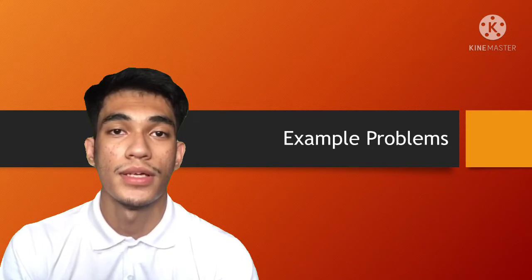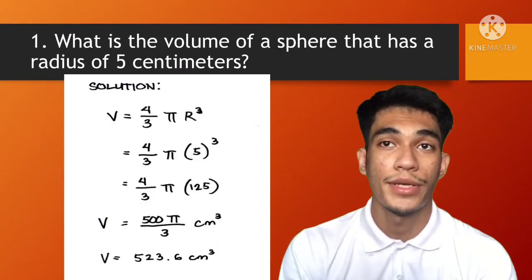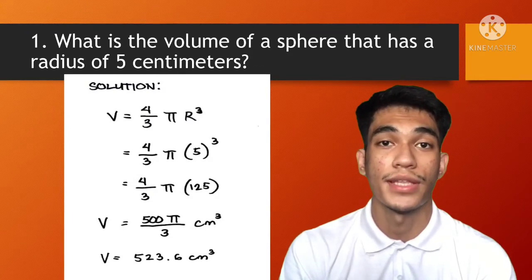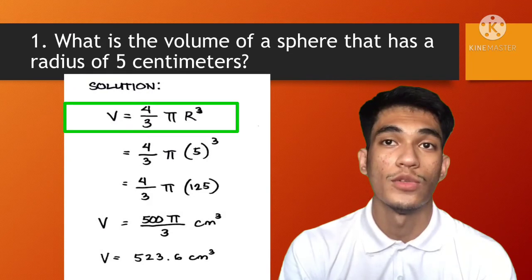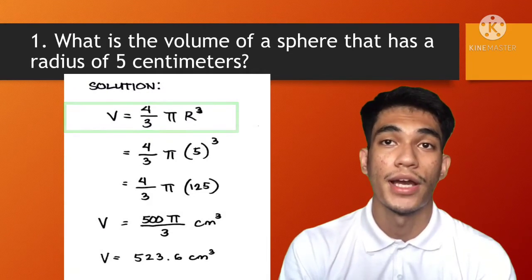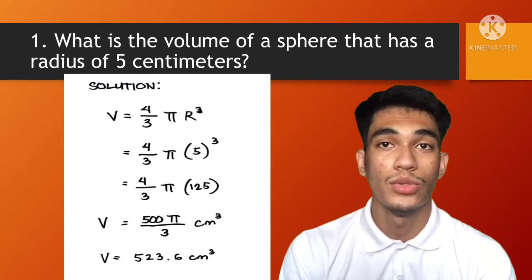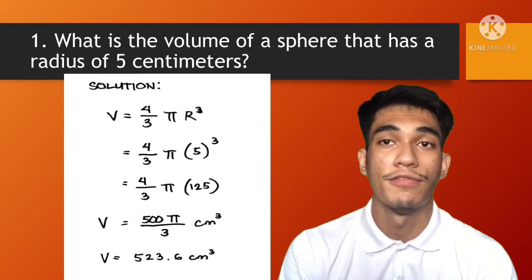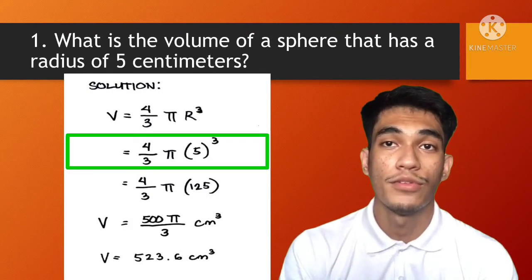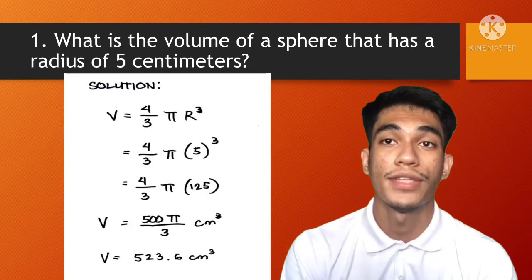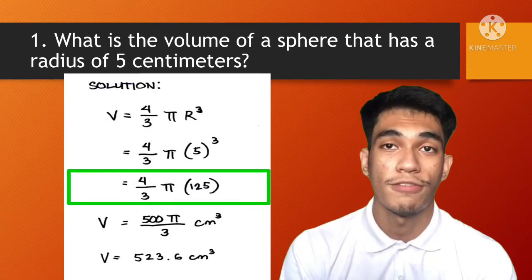Example problems. Let's start with problem number 1. What is the volume of a sphere that has a radius of 5 centimeters? Let's start with the equation: V is equal to 4 over 3 pi r cubed. That's the volume of a sphere, and all we need to do in this problem is plug in the value of r. So r is 5, then 5 to the third power, that's 5 times 5 times 5, and that is going to be 125.